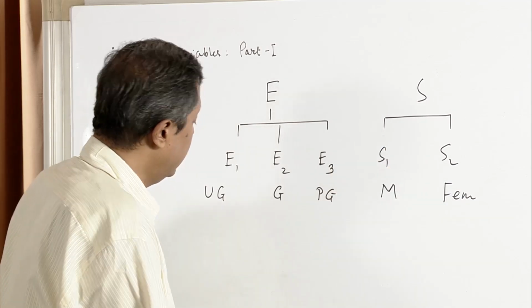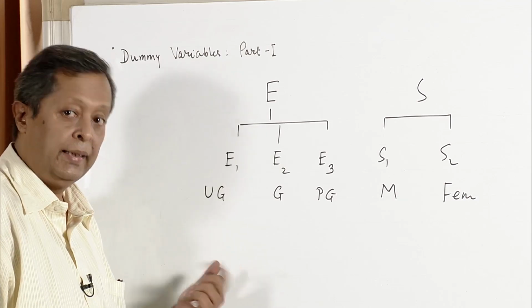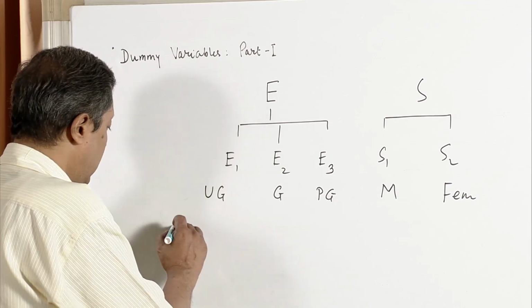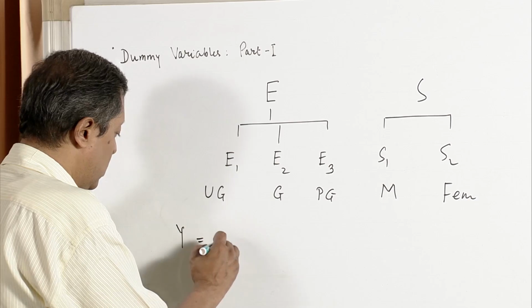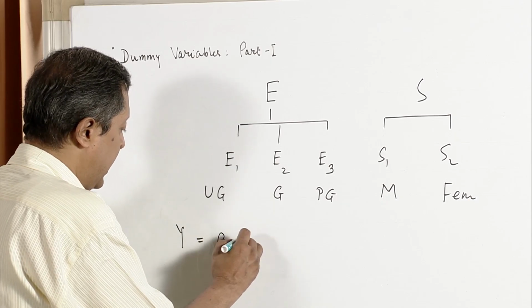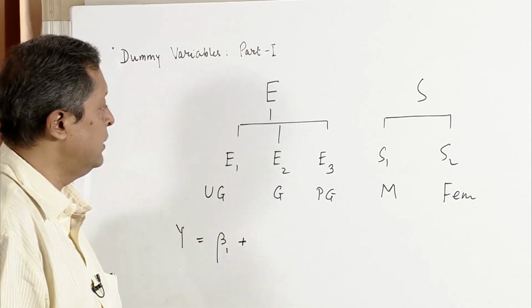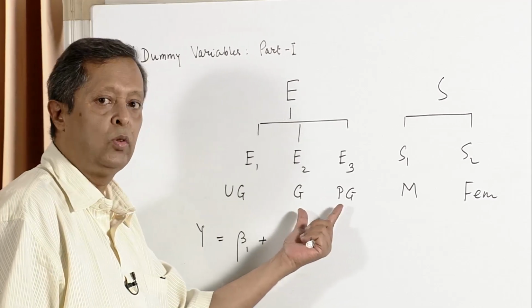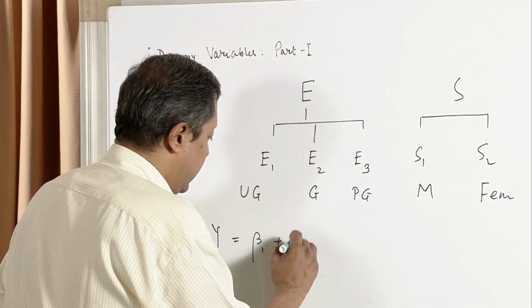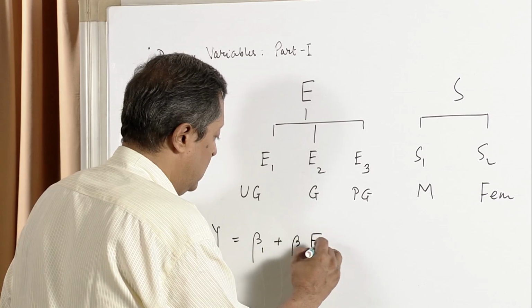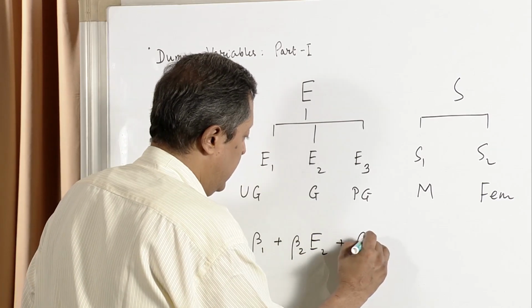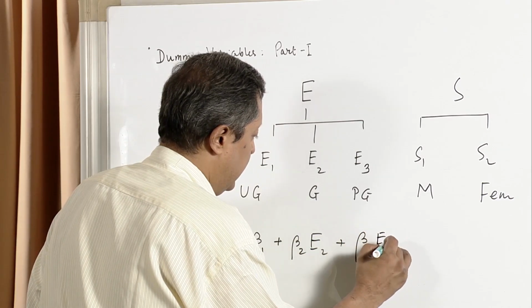As earlier, if we incorporate an intercept term, then the model would be like y is equal to beta 1 plus, remember we have to avoid the dummy variable trap, so we take only 2. So, we take beta 2 E2 plus beta 3 E3.